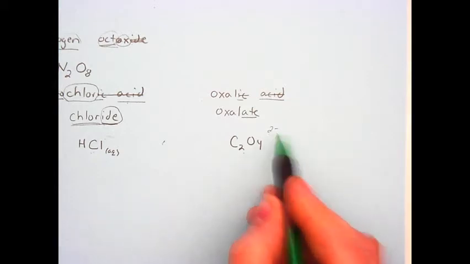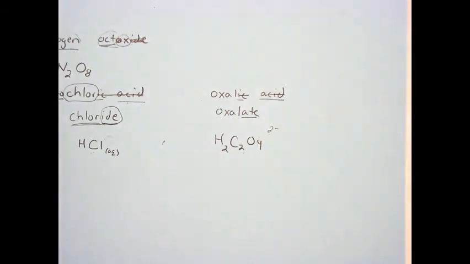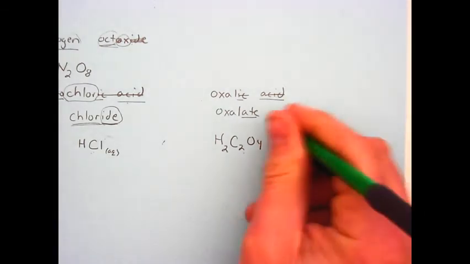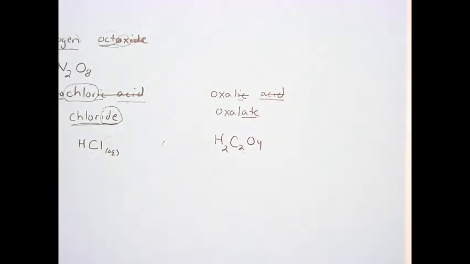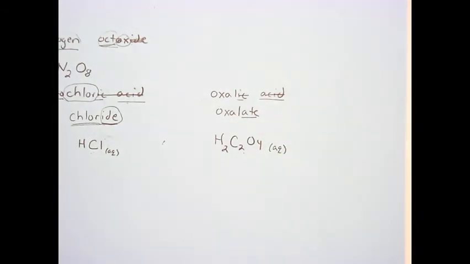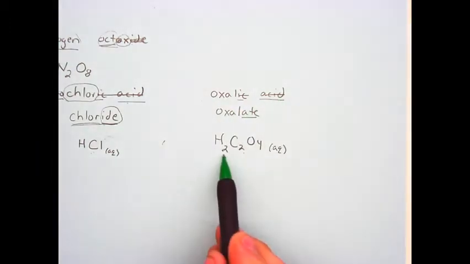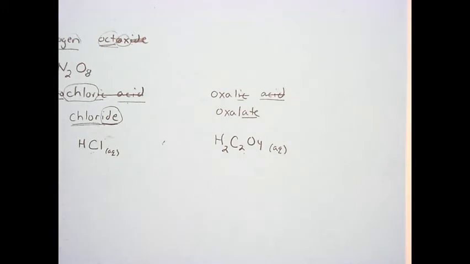Since it's a -2, we put 2 hydrogens in front. We erase the charge, and since it's an acid, we must finish it off by including an aq. So oxalic acid is H2C2O4.